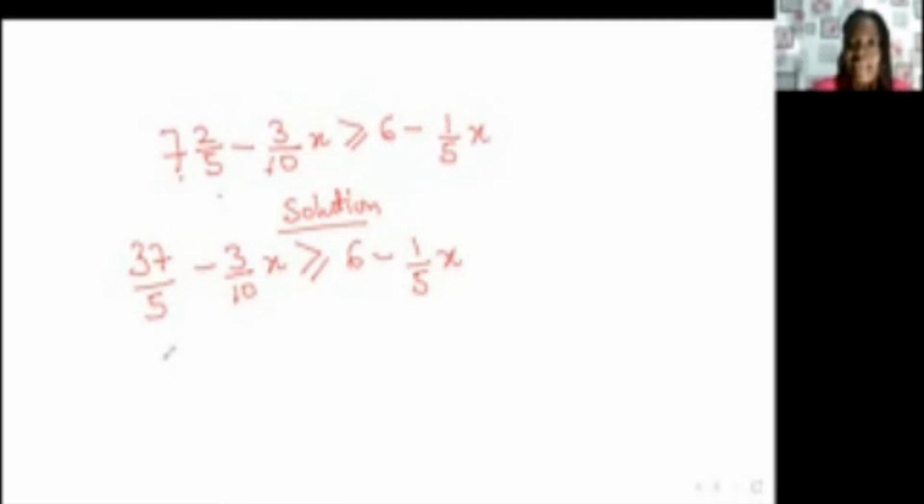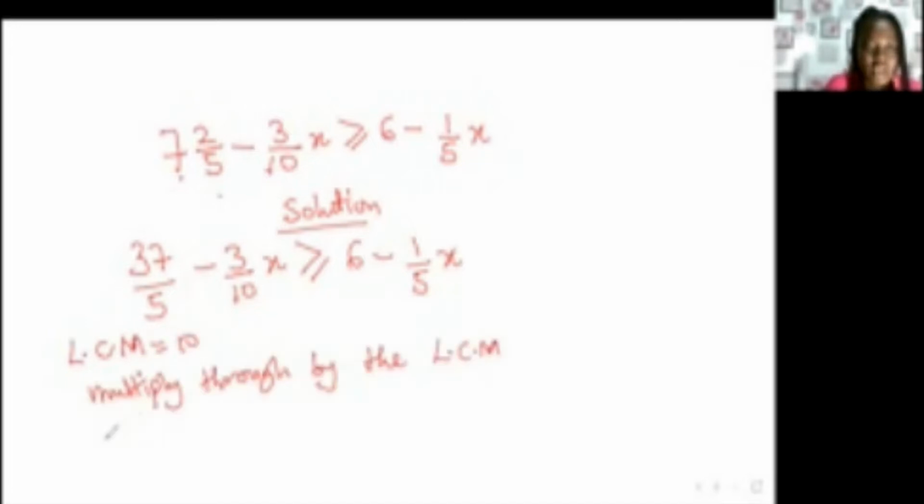Good. Getting all your numbers in a fractional form, you now have to find the LCM and multiply through by the LCM. So our LCM here is 10. It means that we are going to multiply each term by the LCM.